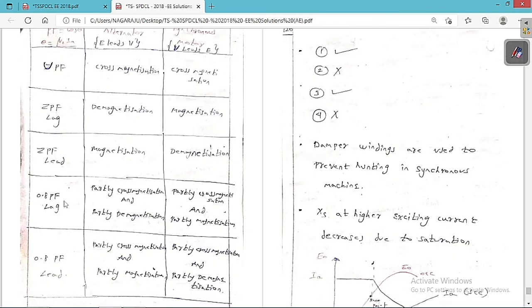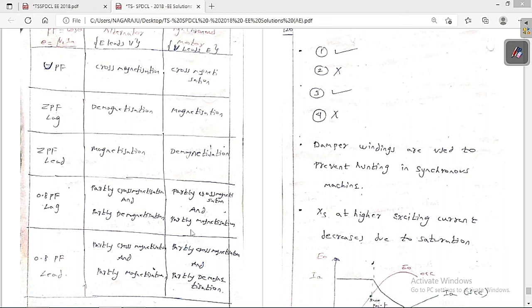Whereas for a power factor lagging load, for the alternator we are going to get partly cross magnetization and partly demagnetization, and for the motor partly cross magnetization and partly magnetization. For a power factor leading load, for the alternator we get partly cross magnetization and partly magnetization, whereas for the synchronous motor partly cross magnetization and partly demagnetization.